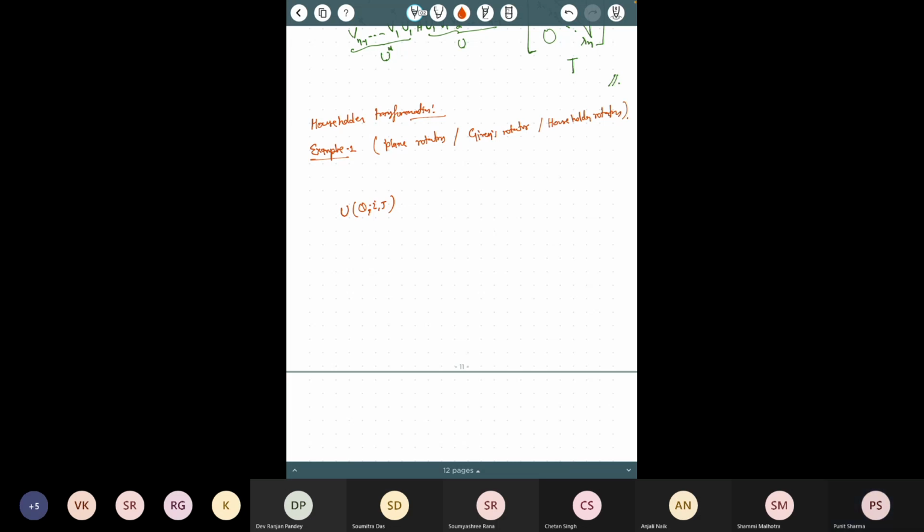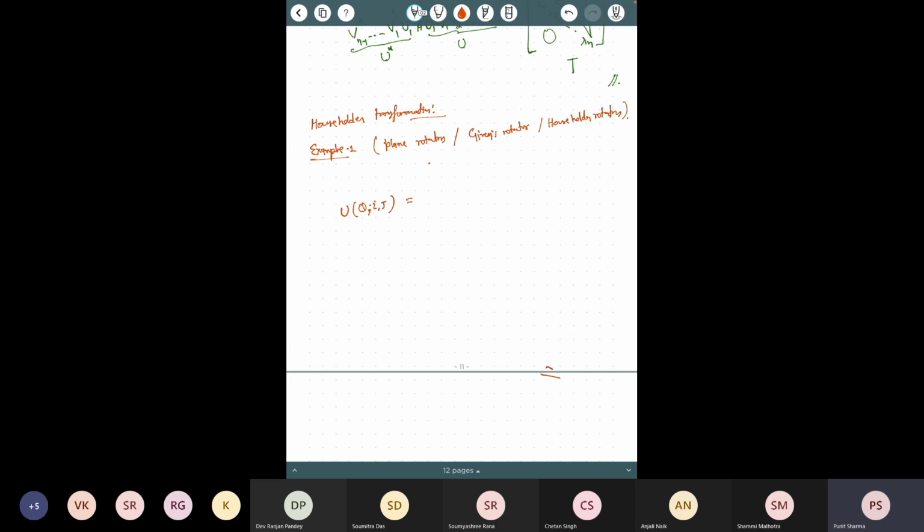So if you have a vector x1 to xn and you just want a rotation in the first two entries, that means i equal to 1 and 2, you can choose this accordingly and decide this matrix U, and the resultant vector would be a rotation in only the 1 and 2 plane. It won't change anything in the other entries. So it's the matrix that carries out a rotation through an angle theta in the ij plane.